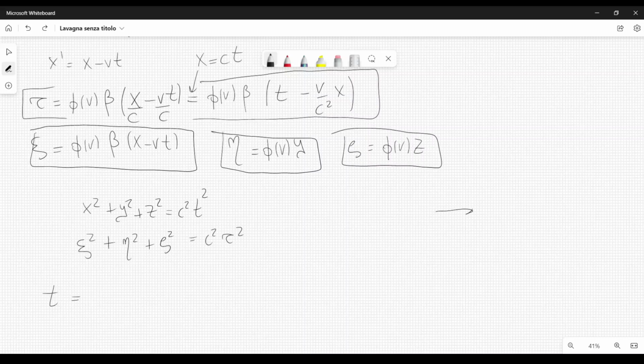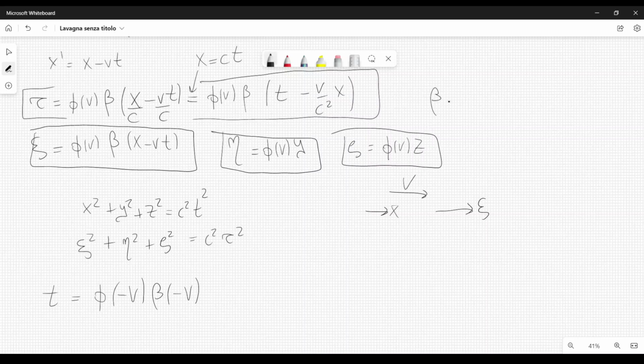So if xi is moving in this direction with respect to x with velocity v, it means that x is moving with respect to xi with velocity minus v. It is just the relativity principle. It is very easy to understand. And therefore we can write t as phi of minus v beta of minus v. So remember that also beta is a function of the velocity.